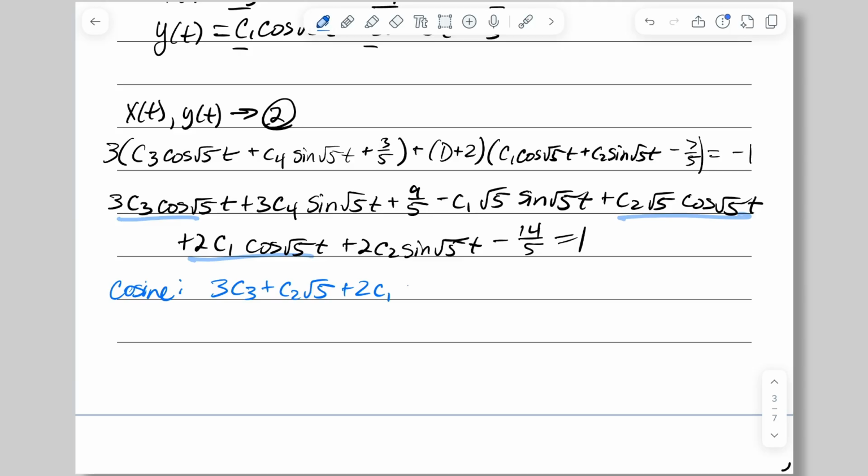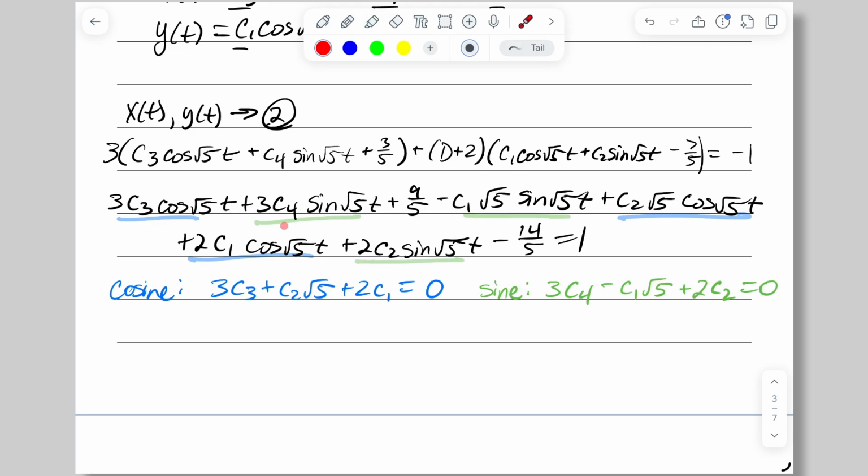On the right-hand side, there are no cosine terms, so that equals 0. If we do the same thing with the sine terms, then we get 3c4 minus c1 root 5 plus 2c2 equals 0, again because there are no terms on the right-hand side that have the sine in them.